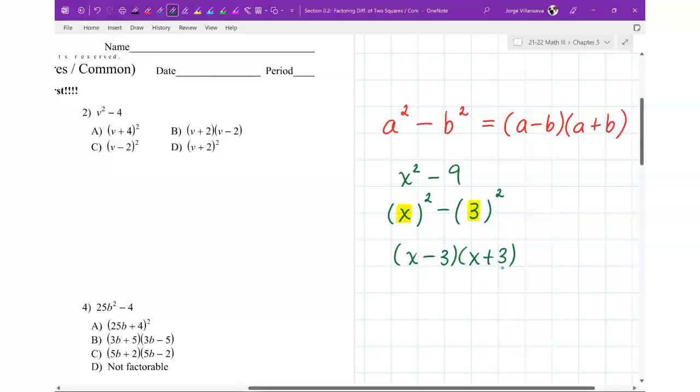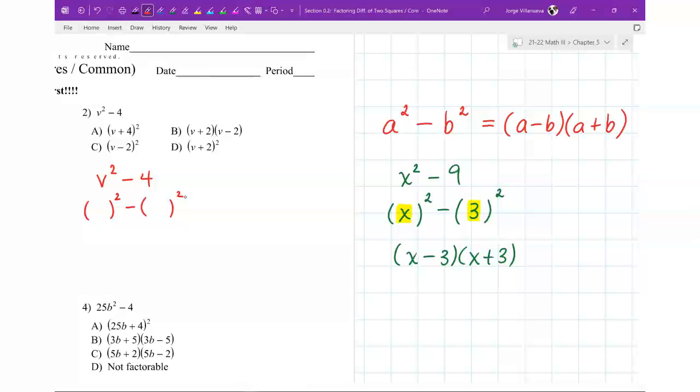It's really quick. So let's look at question number 2. We have v squared minus 4. What I want you to do is write a parenthesis squared minus a parenthesis squared, and you get to fill in those parentheses. What squared is v squared? Just v, right? That's pretty easy.